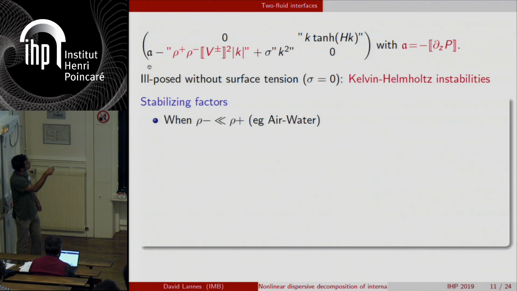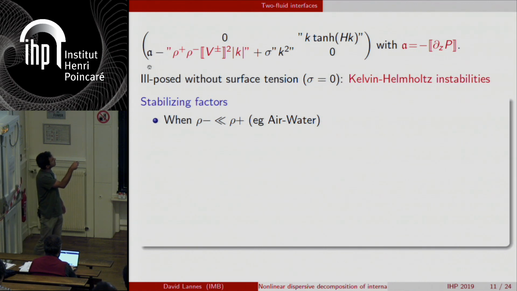So you see that this coefficient here is small, and that you will be able to absorb this quantity by the gravity for the low frequencies up to a very high frequency until which it will be absorbed by this one. Okay, so this is the first stabilizing factor.